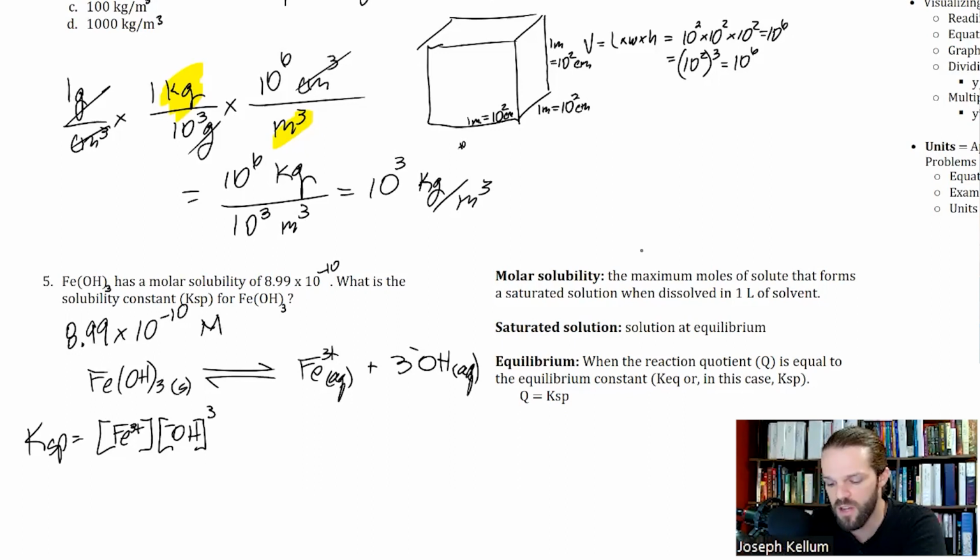Then our denominator just goes to 1, because all we have over there is a pure solid, and pure solids and pure liquids don't go into the equilibrium constant expression. It's kind of complicated, and I'd be happy to talk about it another time, but pure solids and pure liquids are technically not in the phase in which the reaction is actually happening. The reaction is occurring within the aqueous solution, and that aqueous solution surrounds the border of the pure solid itself.